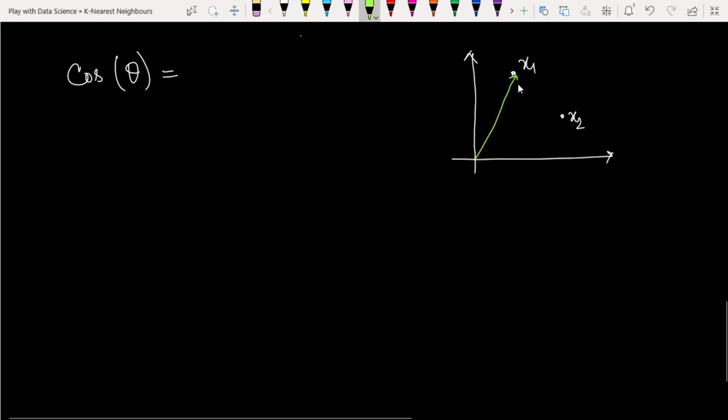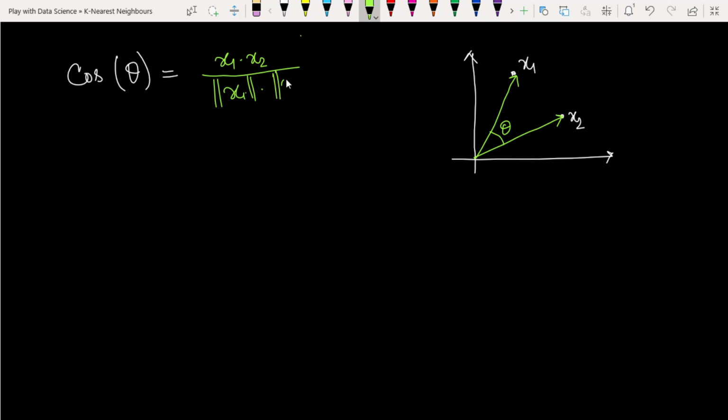And this is the direction vector of x1, this is the direction vector of x2, and the angle between them let's take as theta. So the cos theta value will be x1 dot x2 divided by norm of x1 into norm of x2.